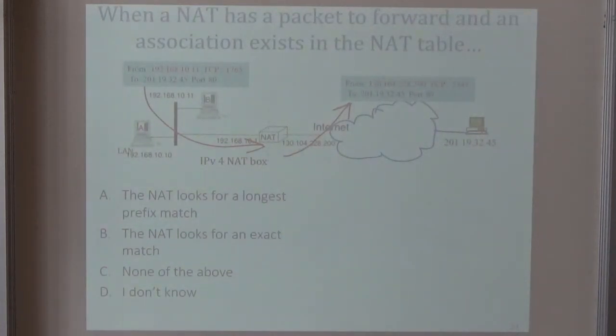If you had 1 million machines in this private network, then for every packet that it receives, you will need to find in a table of 1 million and more, because there might be multiple port numbers. You will need to find exactly which correspondent host, which line you need to activate. You cannot do aggregation like you do in the internet in a router, when we use longest prefix match.